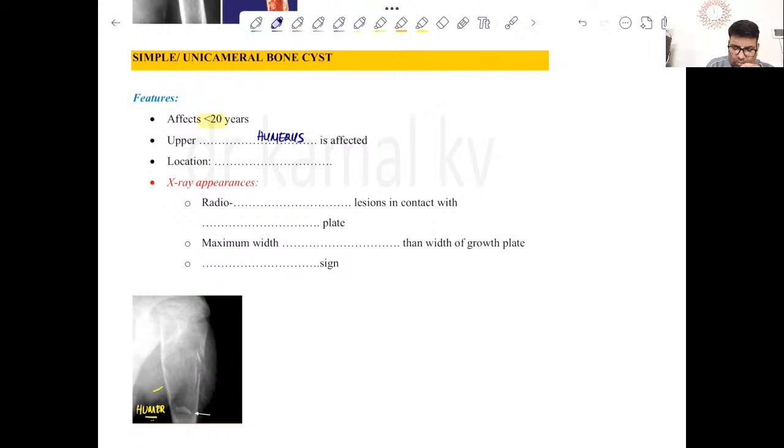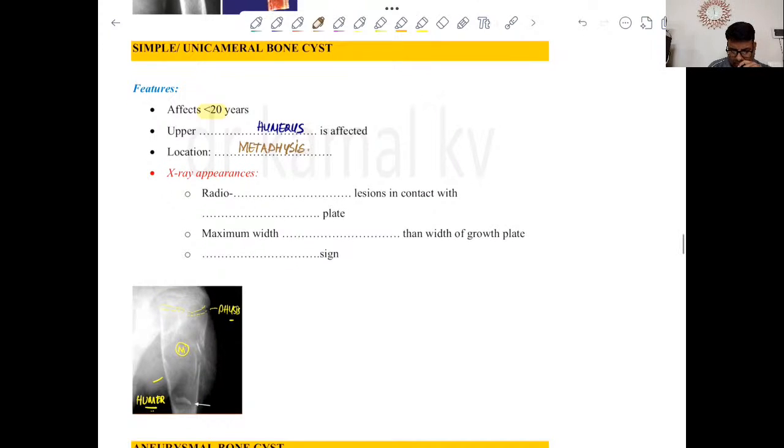Another thing is that if you look here we can see the outline of the physis. So this is the physis, and below the physis is all metaphysis. So one thing you can also answer is which area this condition is originating from. It is originating from the metaphysis.